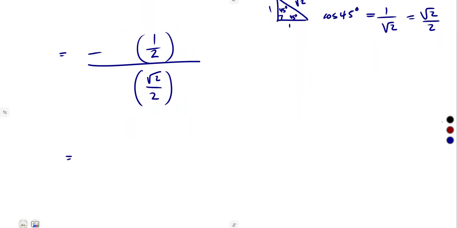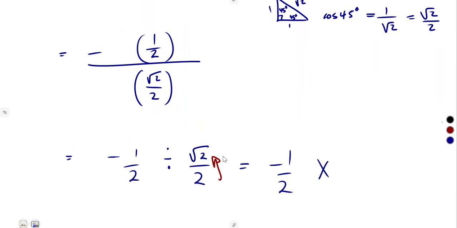I have a fraction in this case of minus 1 over 2 divided by square root of 2 over 2. It is the same as minus 1 over 2 times, and the moment I multiply, I do change these, so it's going to be 2 over the square root of 2.